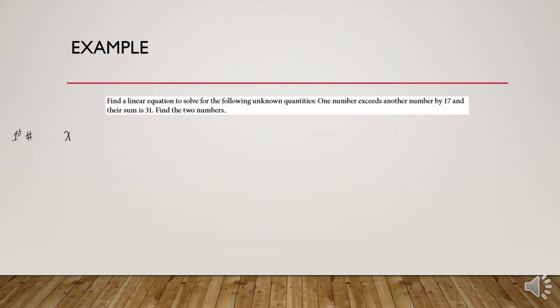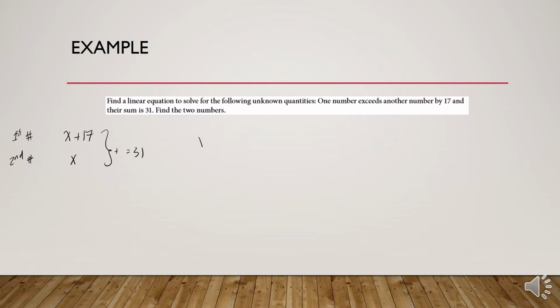It exceeds another number by 17. So our second number, if this one's x plus 17, then x would be our second number. Then the sum is 31. So I know that if I add these two together, I should get 31.